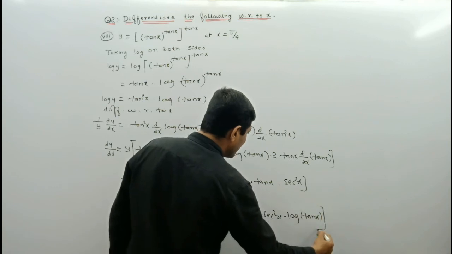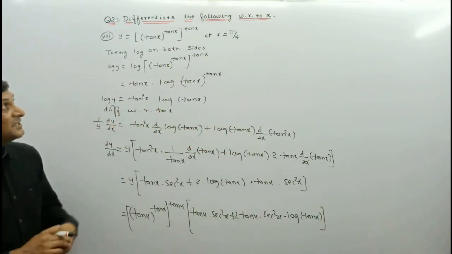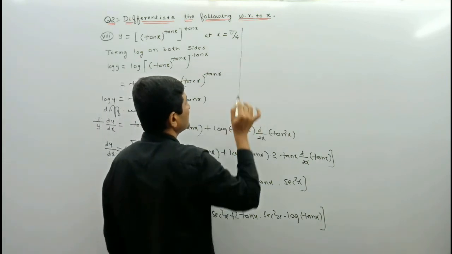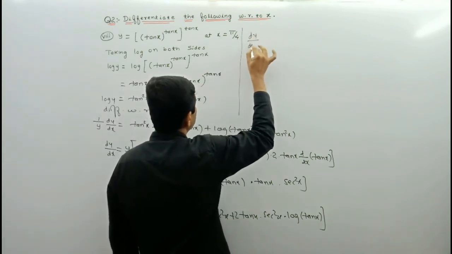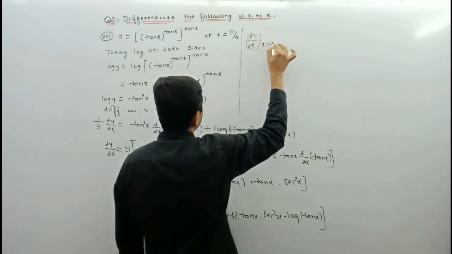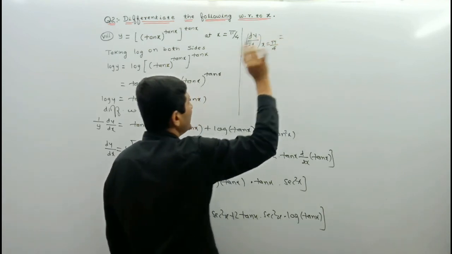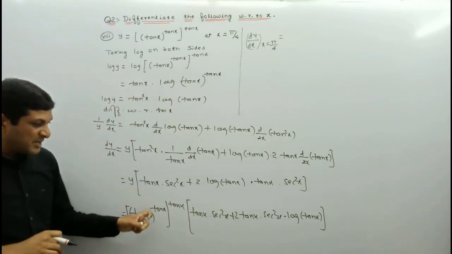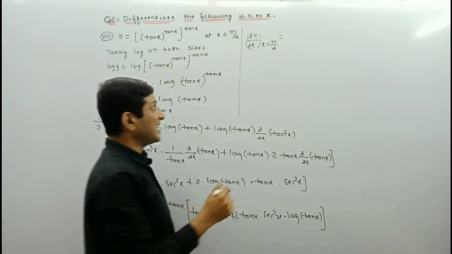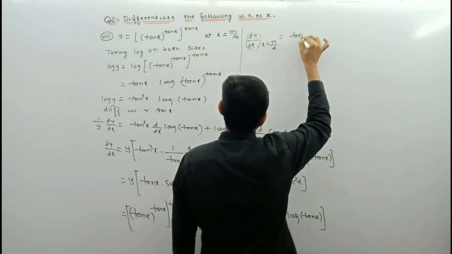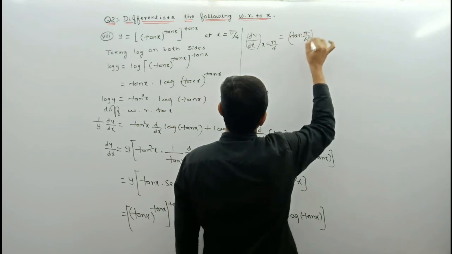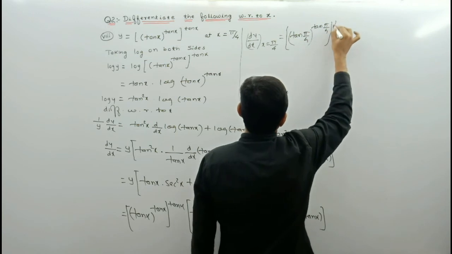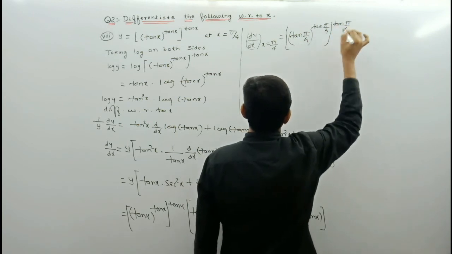But the question is to find out the differentiation at x is equal to pi by 4. Now we are finding the value of differentiation at x is equal to pi by 4, means dy by dx at x is equal to pi by 4. So on the right hand side, wherever x appears, replace that x by pi by 4. So here we will get tan pi by 4 raised to power tan pi by 4 raised to power tan pi by 4, isn't it?